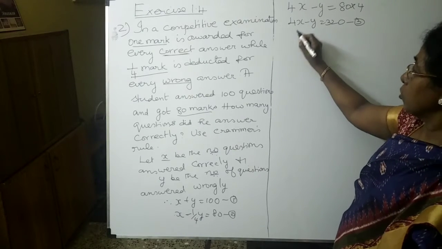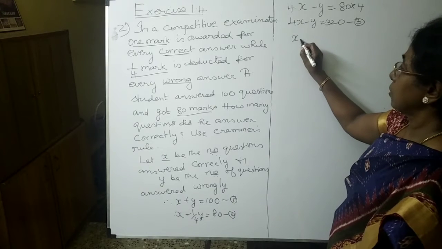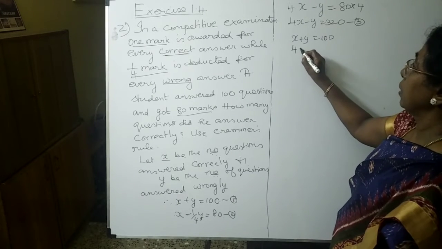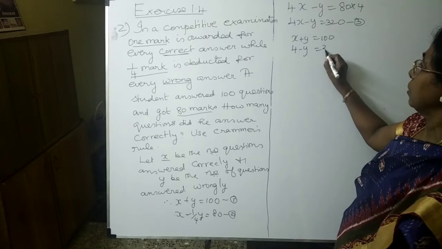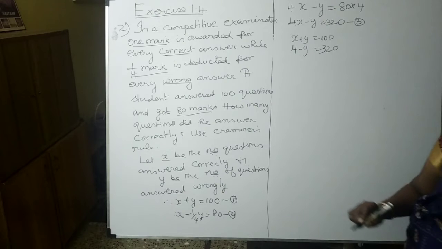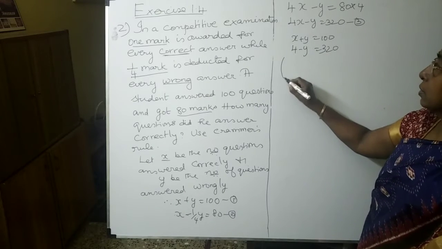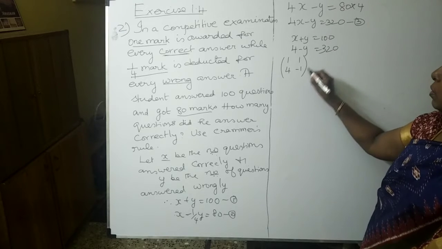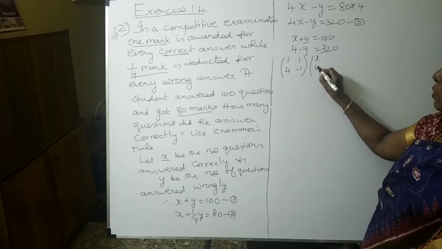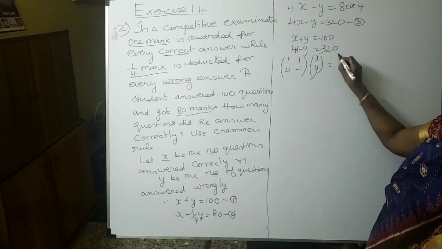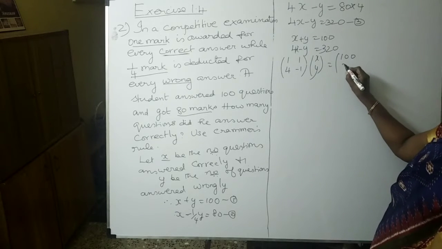So now we are supposed to solve these two equations: x plus y is equal to 100 and 4x minus y is equal to 320. Writing these two equations in the matrix form, we get the matrix 1, 1, 4, minus 1 into x, y is equal to 100, 320.